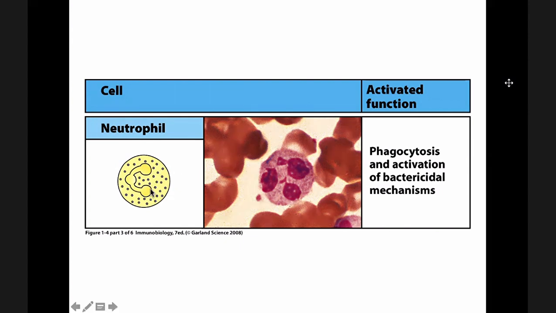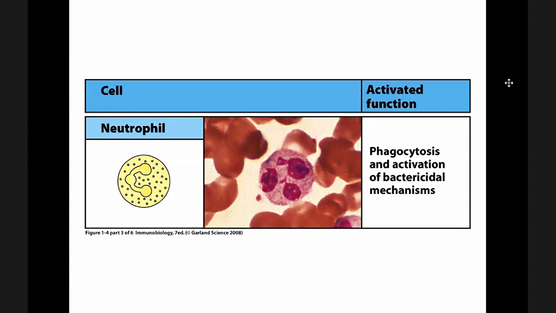The other thing I wanted to mention is that they can release their DNA, nucleic acid, and the released nucleic acid can trap extracellular bacteria present in the close vicinity.